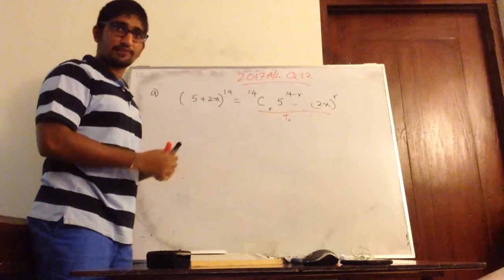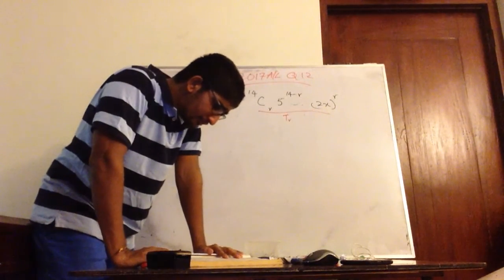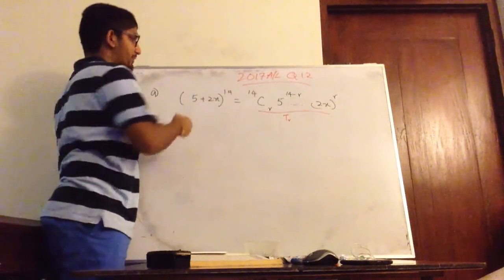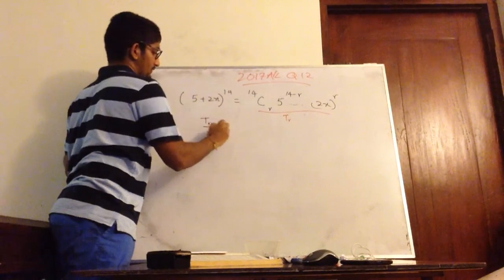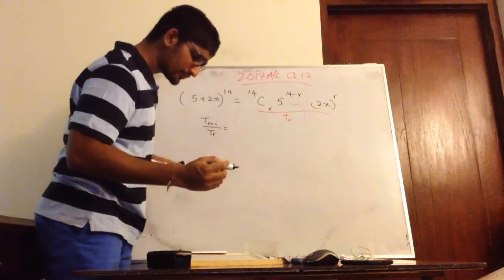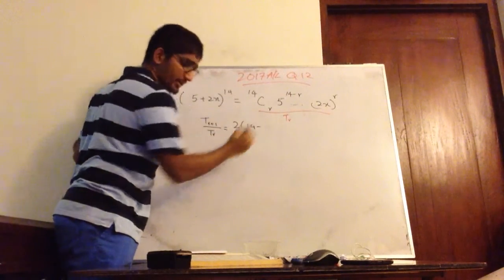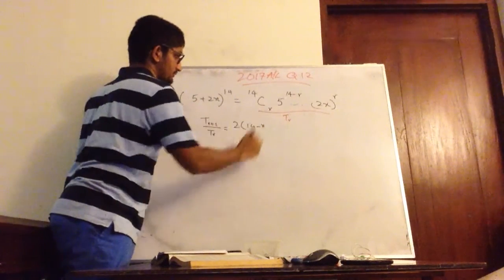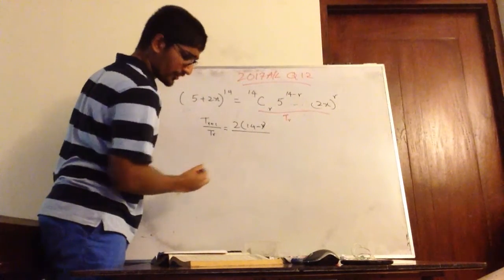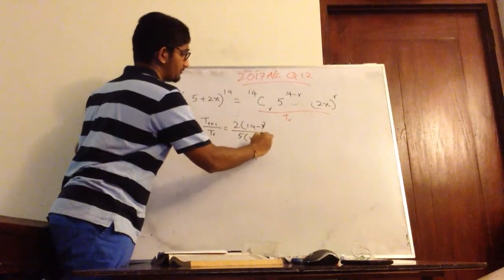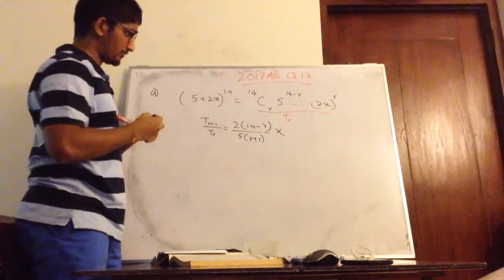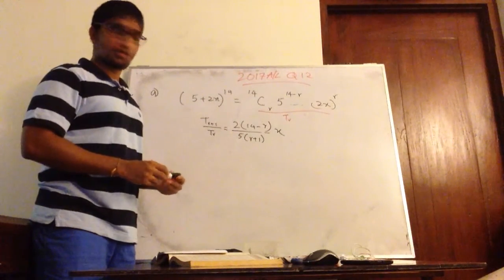For r equals 0, 1 to 14, show that T_(r+1) over T_r is equal to 2(14 minus r) over 5(r plus 1) into x. Okay, so this is what we need to prove.